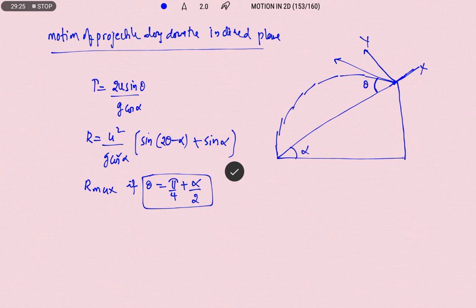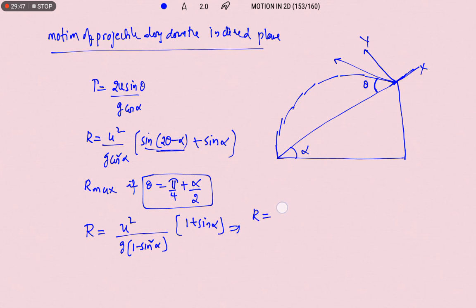And next, in the same way, for the range maximum, the sine term is 1. If it equals 1, we write u square by g times 1 minus sin square alpha into this 1 plus sin alpha.